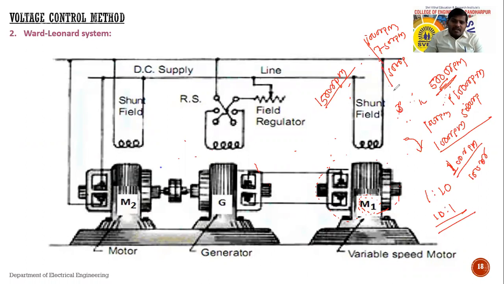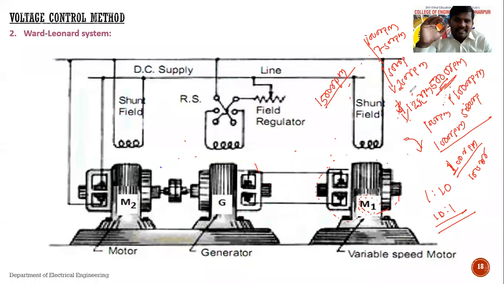As possible as minimum speed can be obtained, also as possible as maximum speed can be obtained. Getting? Lakshat ala? How it works, I will show.